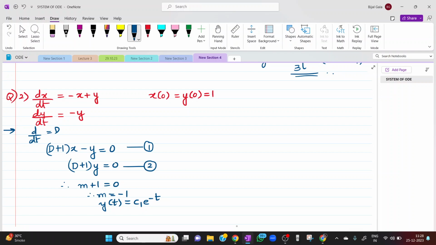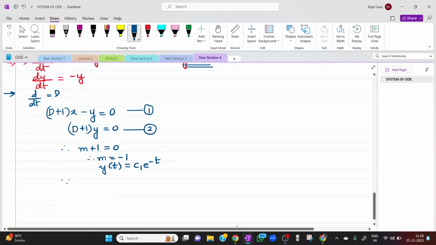Let's use the initial condition. y of 0 is given to us as 1, so when we substitute t as 0, we get 1 is equal to c1, since e raised to 0 is 1. So now you have the correct answer for y of t without any constant: e raised to minus t.